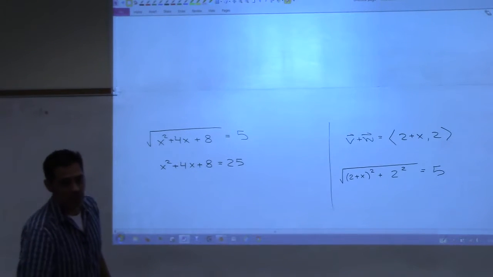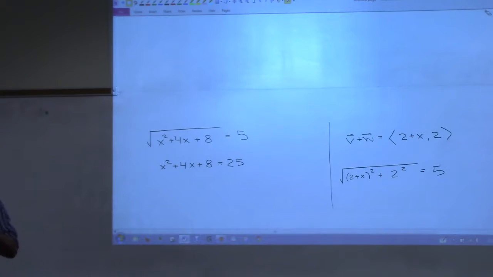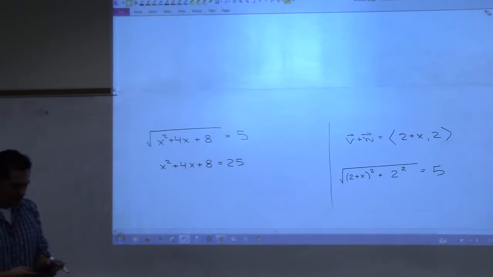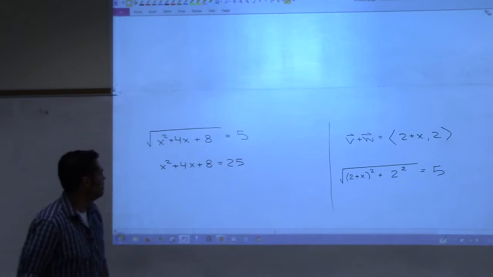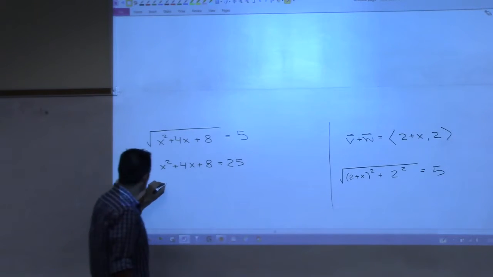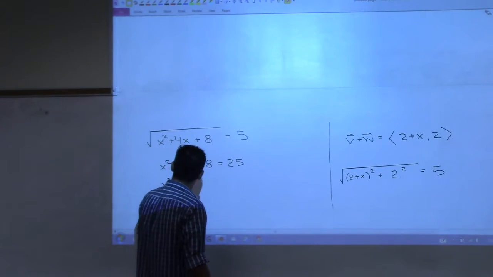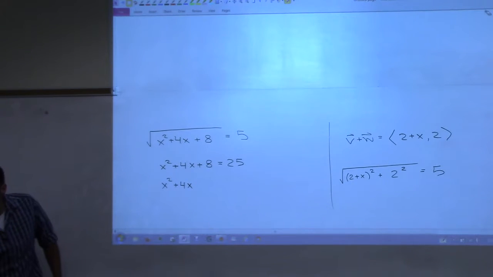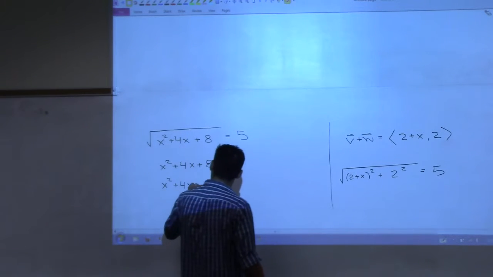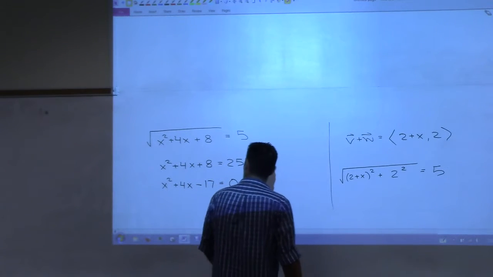Check for extraneous solutions. Yes, if I square both sides, I just have to check for extraneous solutions, because one of them's probably not going to be very good. They could both work, but most likely they're not. So I subtract 25 on both sides, and I get x squared plus 4x minus 17 equals 0.